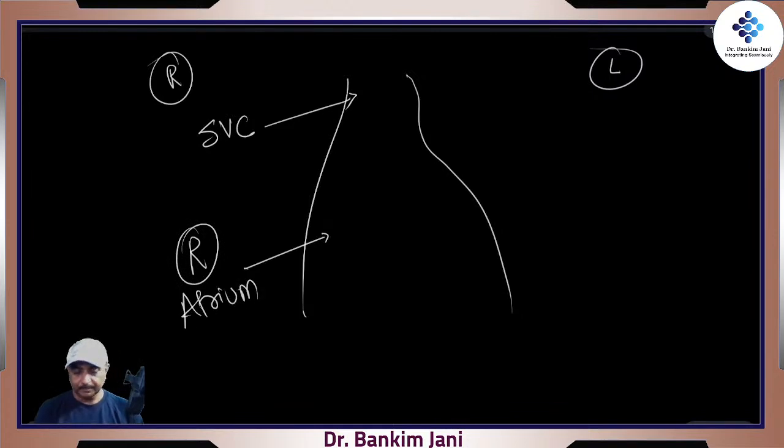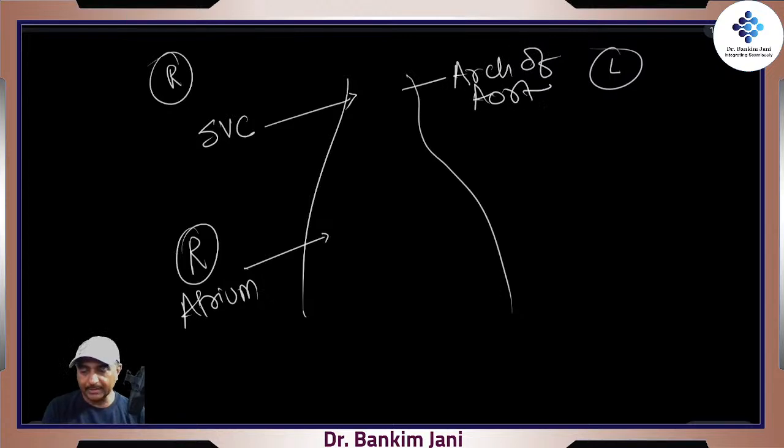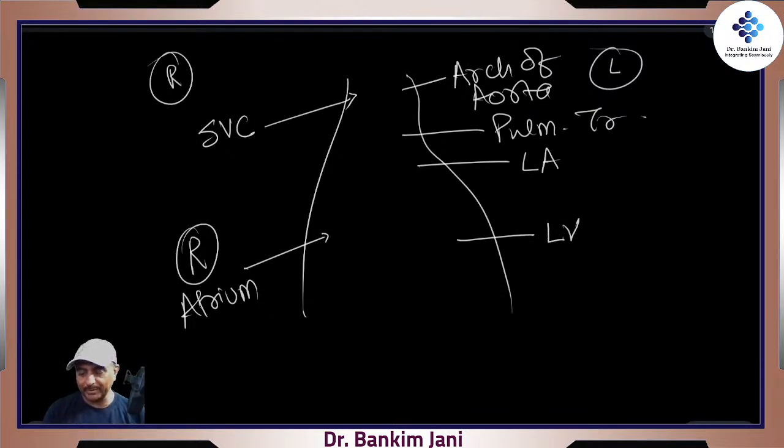What about the left heart border? This bulge is because of the arch of aorta. Just underneath, you have the pulmonary trunk, and then the left atrium. Below it, you have the left ventricle, and this one would be the apex.